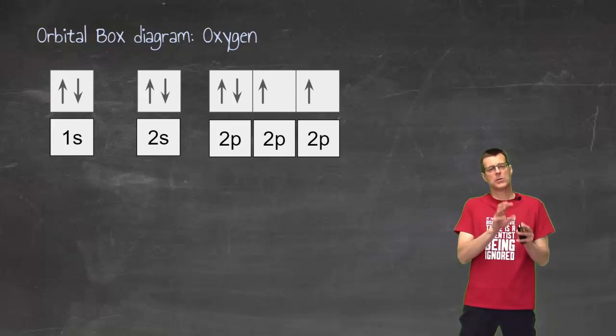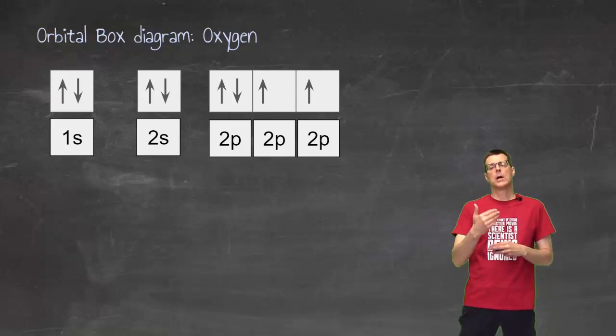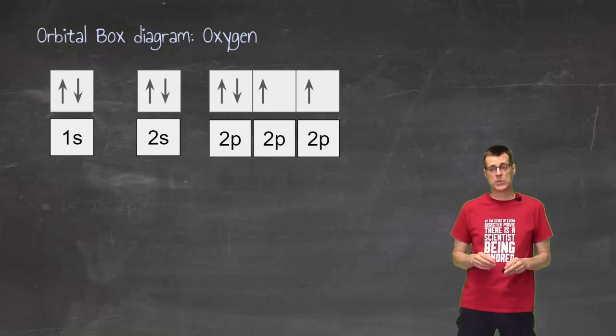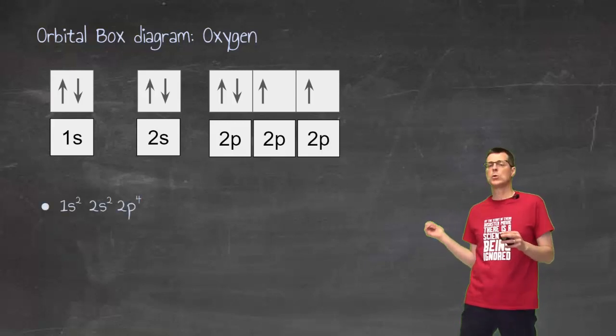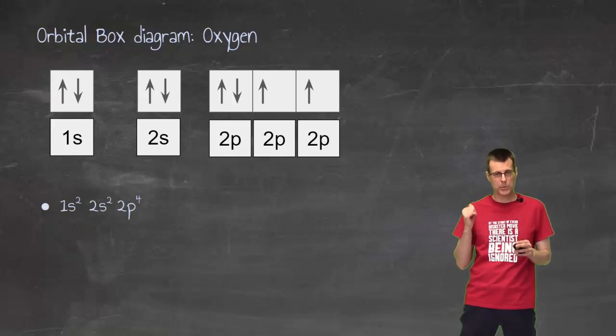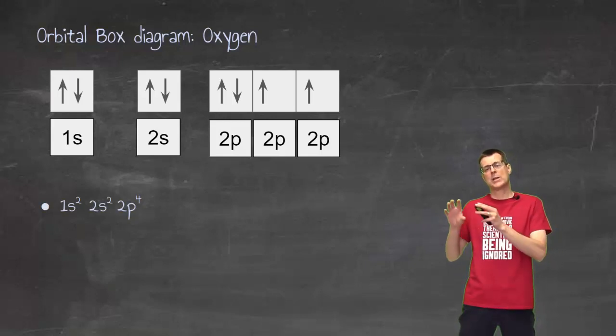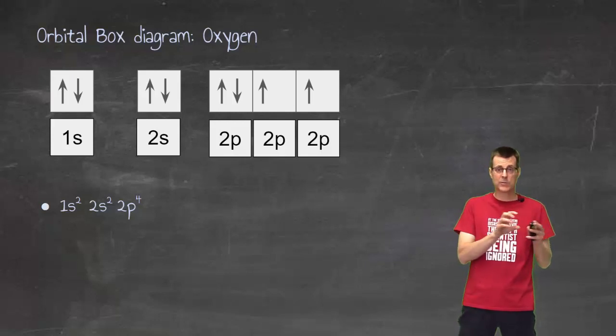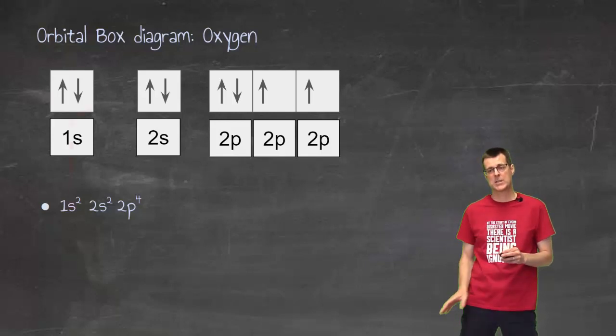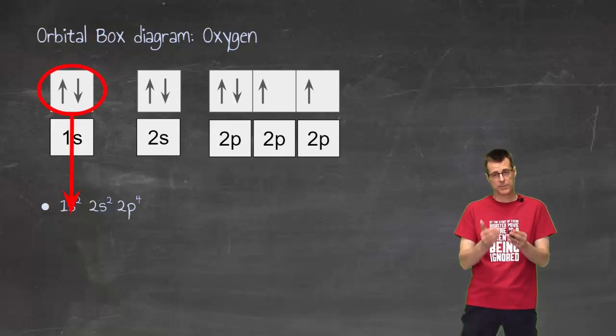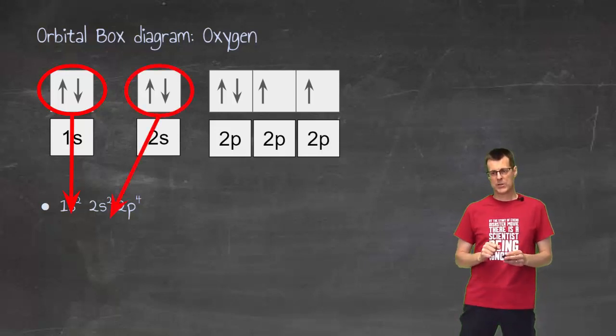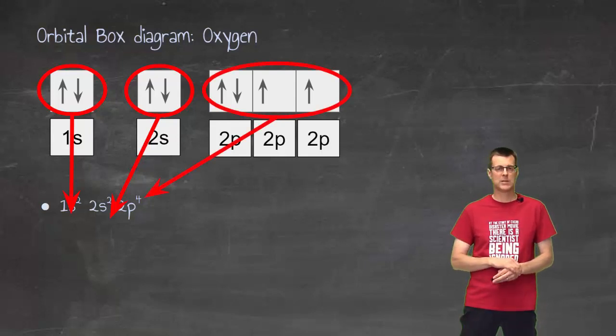Okay, I want to start using that kind of designation to translate my orbital box diagram with the arrows into some other kind of notation. If I look at that orbital box diagram and count the electrons by energy level and sub-energy level, I could write this: 2 electrons in the first energy level s orbital, so 1s2, 2 electrons in the 2s2, and 4 electrons in the 2p orbitals.